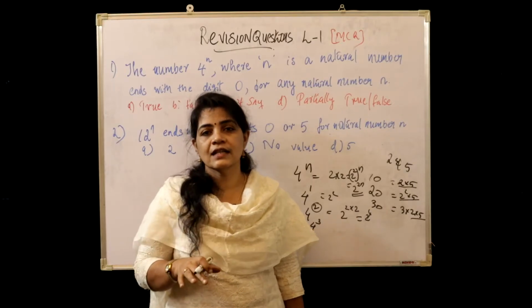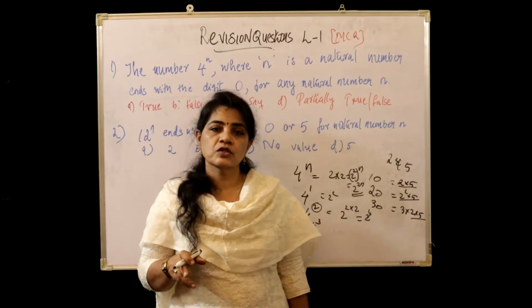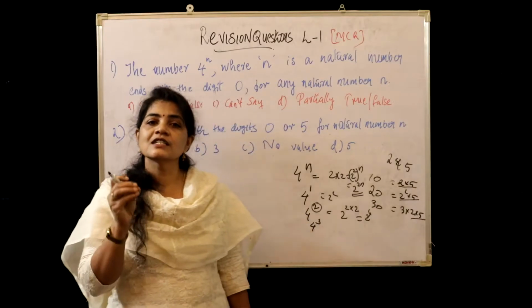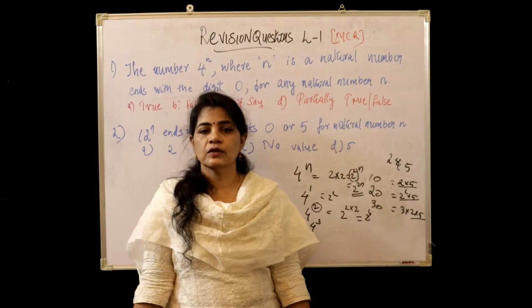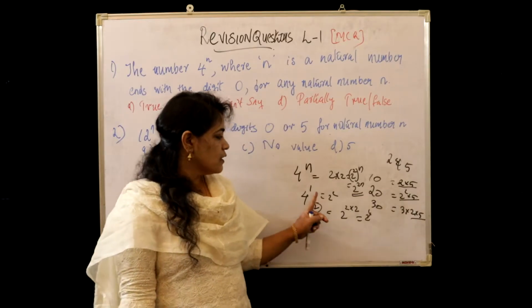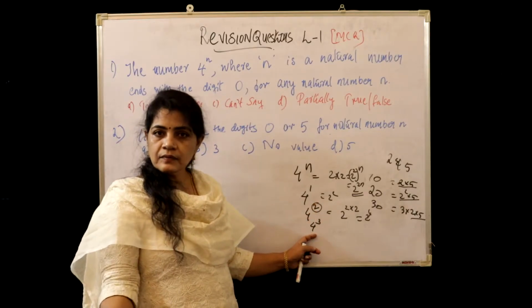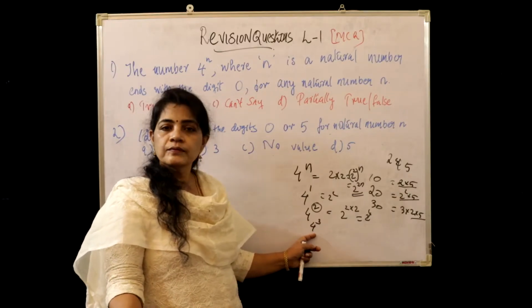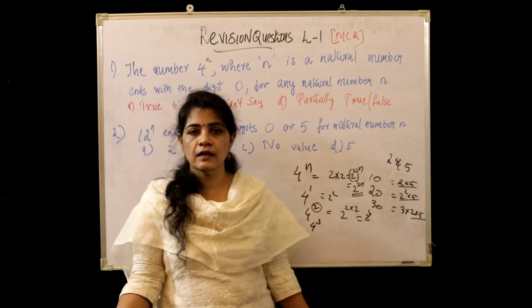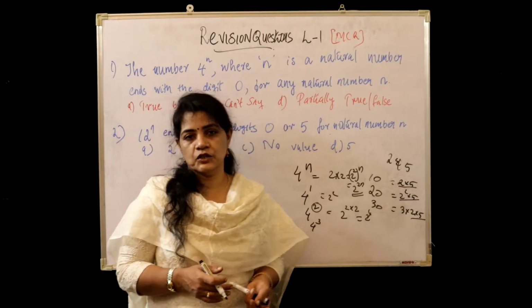But in 4 raised to n, the prime factor 5 is not there. Understood? See children, 4 square, that is 16, prime factor 5 is not there. And 4 cube, that is 64, 5 is not there. So this is a false statement.